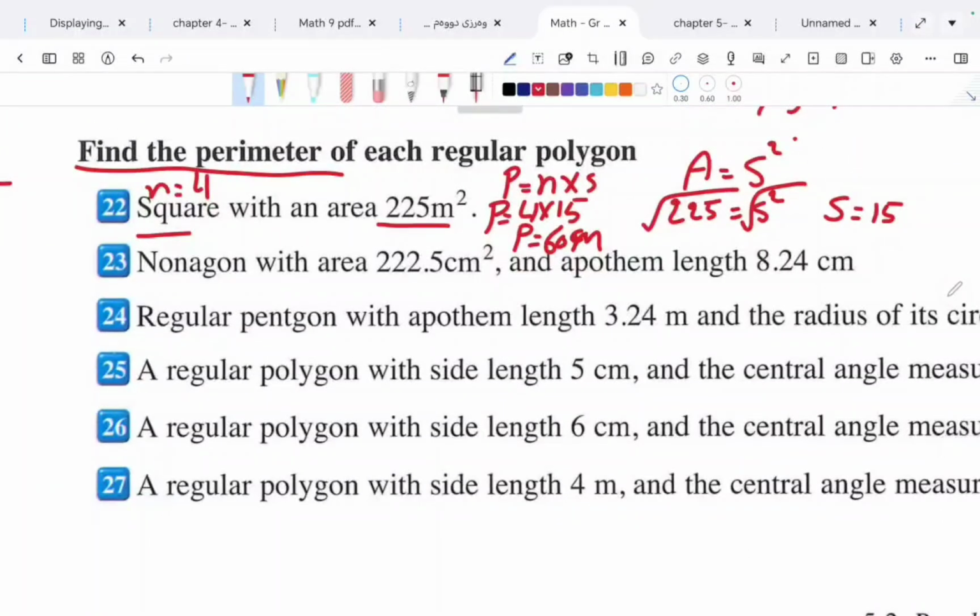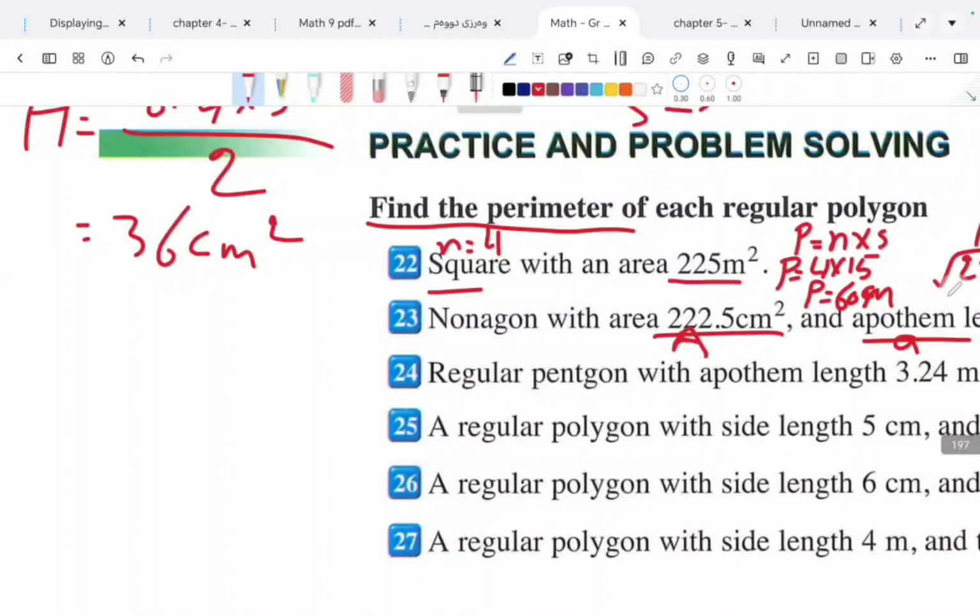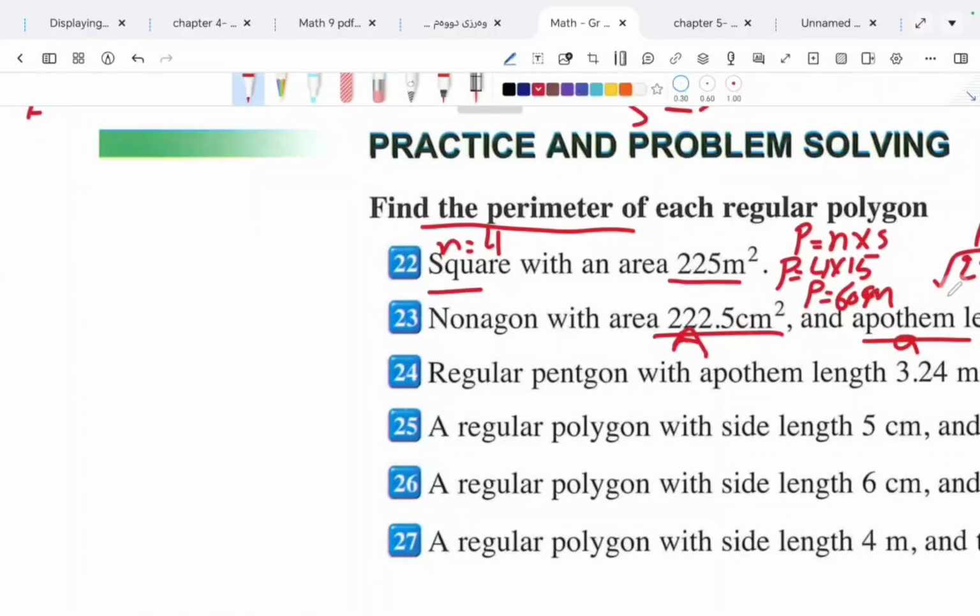Okay, 60 meters. Now we have question 23. How to solve it? Nonagon with area 222.5 centimeters squared and apothem. Again, a is given with the area. How to find the perimeter when the area and apothem are given? As I told you, there is a specific rule for this one: area is equal to P times a out of 2.